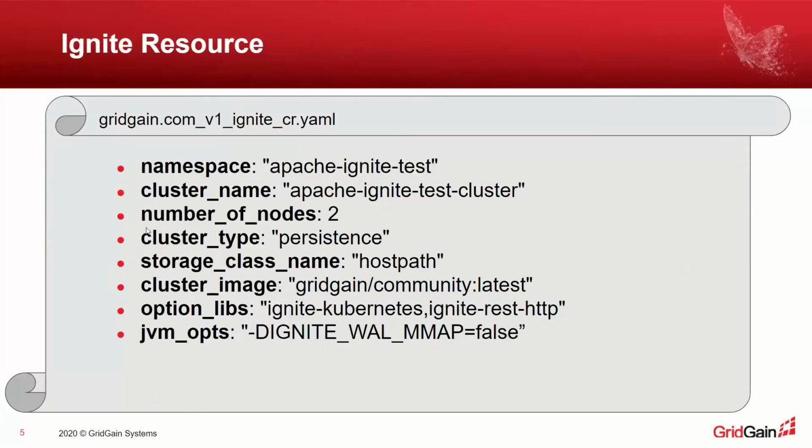Okay, now I would like to talk a little bit in detail about the Ignite resource. This resource was solely designed for providing high-level settings for your cluster. We can see that it has a namespace parameter to which your cluster would be deployed.